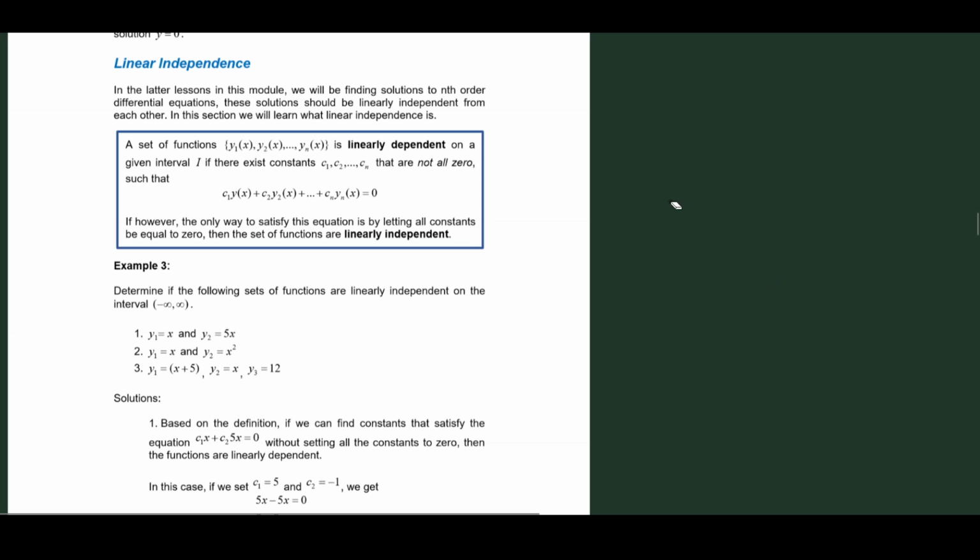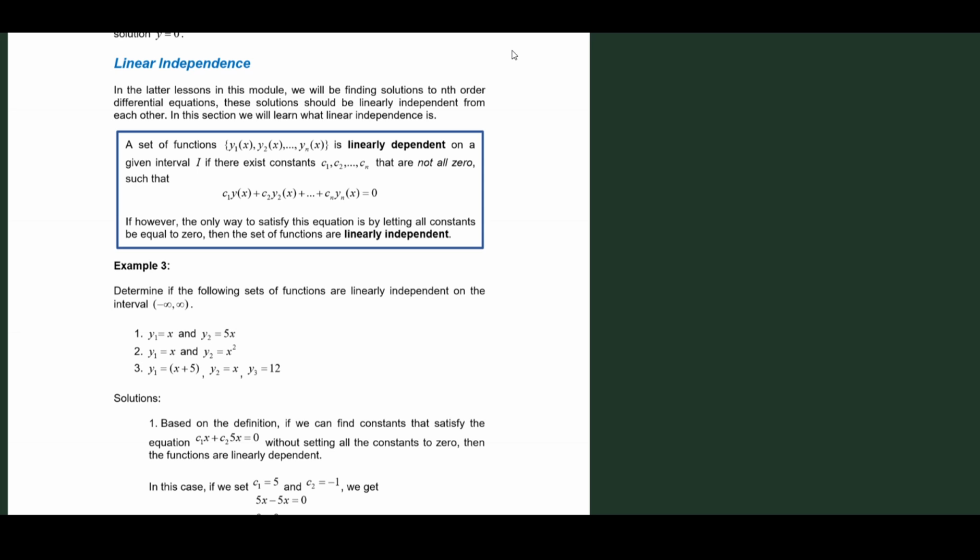Okay, so let's define linear dependence or independence first. A set of functions y1(x), y2(x) until yn(x) is linearly dependent on the given interval I if there exist constants c1, c2 up until cn that are not all zero such that c1 multiplied by y1(x) plus c2 multiplied by y2(x) plus ... plus cn multiplied by yn(x) is equal to 0.